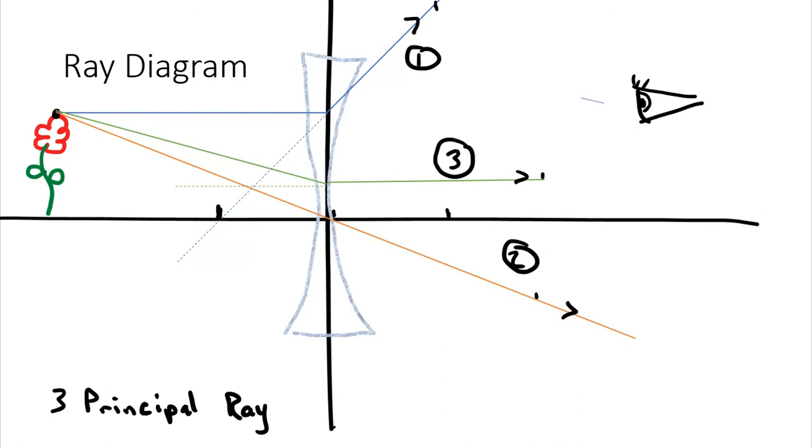So this is like how the light would be traveling if I was over here looking at it. And what it would seem like to me is not that the flower's over here and the light's coming here. It would seem like these three rays and all the other rays originated from over here. So when I look through the lens, the flower would seem like it's there.